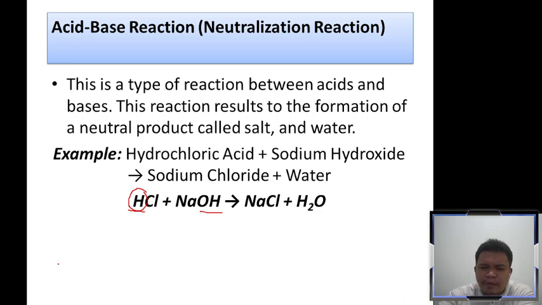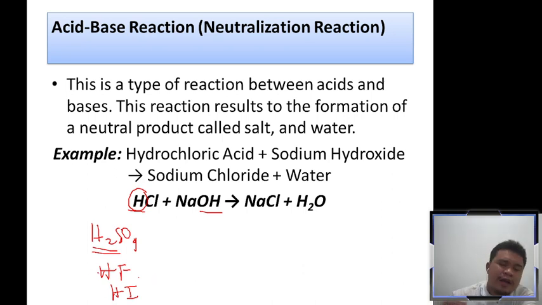So what are some of the common acids that we can identify? Let's say H2SO4. This is an acid because there's an H+ ion first written in the chemical formula. We also have HF, which is hydrofluoric acid, and HI, or hydroiodic acid, and there are many other acids that we can think of.